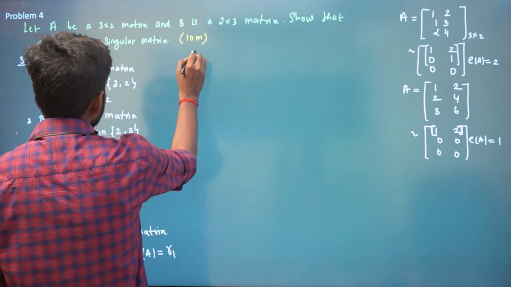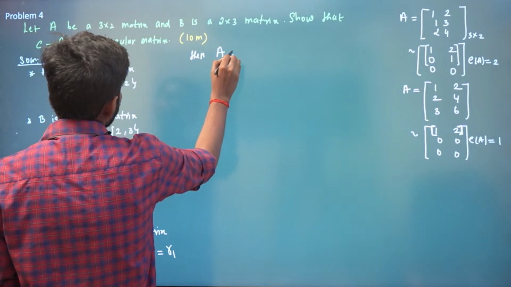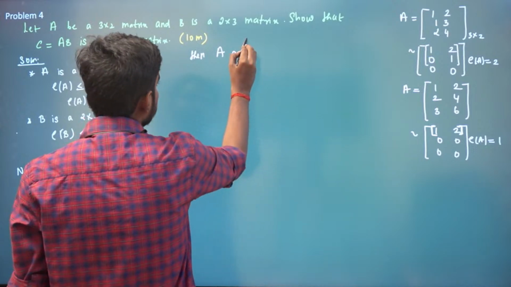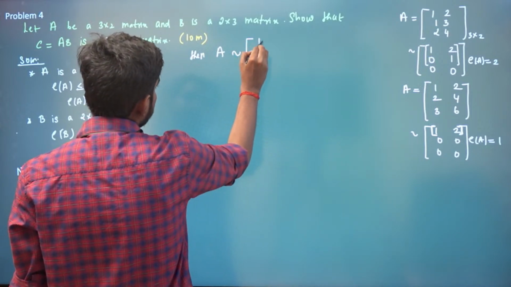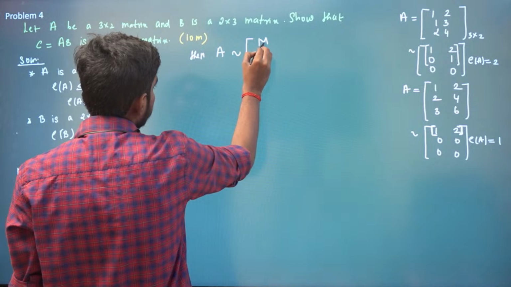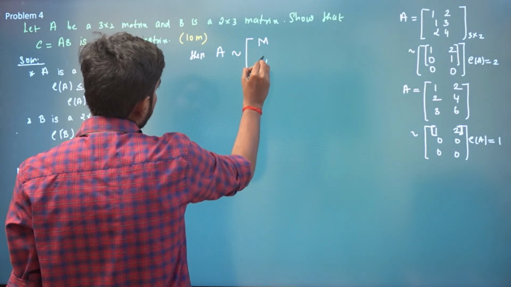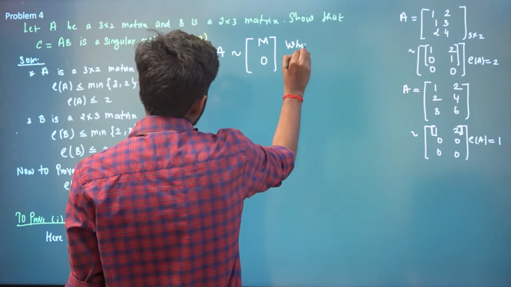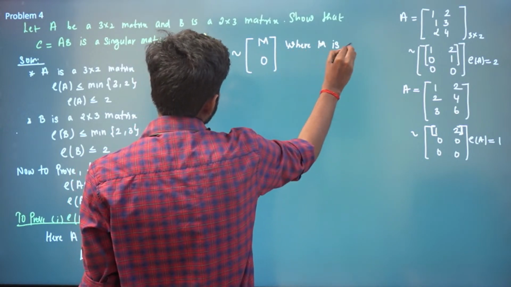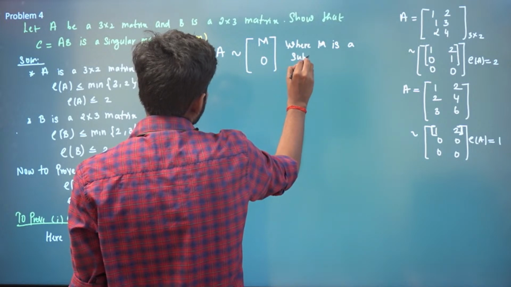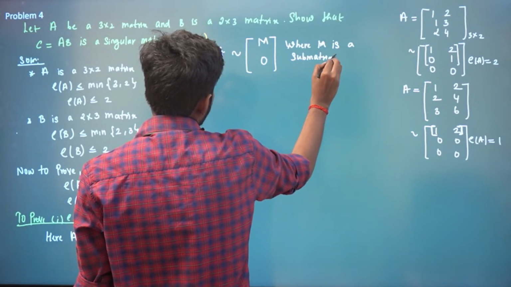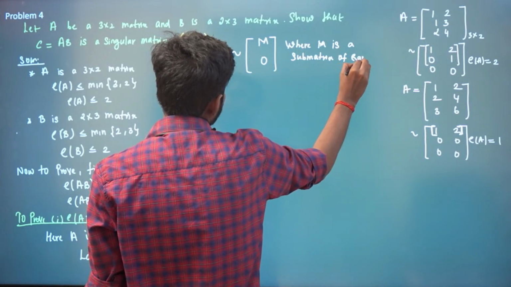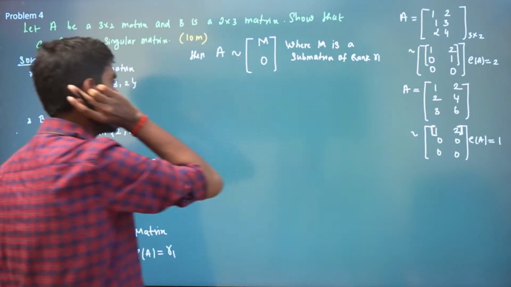Then A is equivalent to, after reducing to row echelon form, this A can be written as some M, where M is a submatrix, and some zero matrix, where M is a submatrix of rank R1. Yes or no?